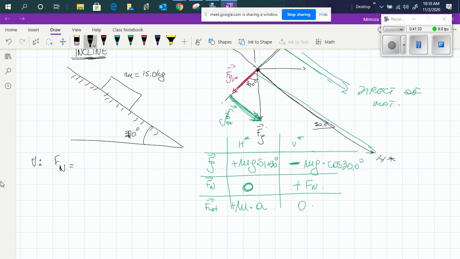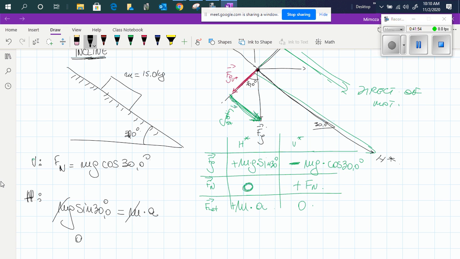So force normal is equal to mg cosine 30 degrees. And from the horizontal, what we find is mg sine 30 is equal to m times a.